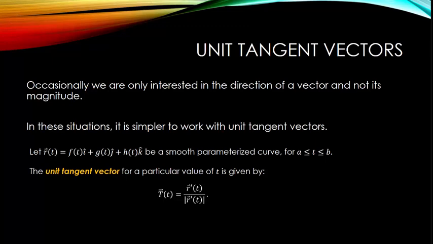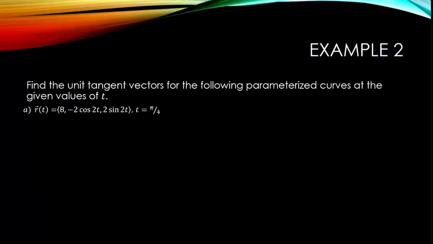The unit tangent vector for a particular value of t is going to be given by the notation capital vector T of little t is equal to r prime of little t divided by the magnitude of r prime of little t. Let's work some examples that involve unit tangent vectors.